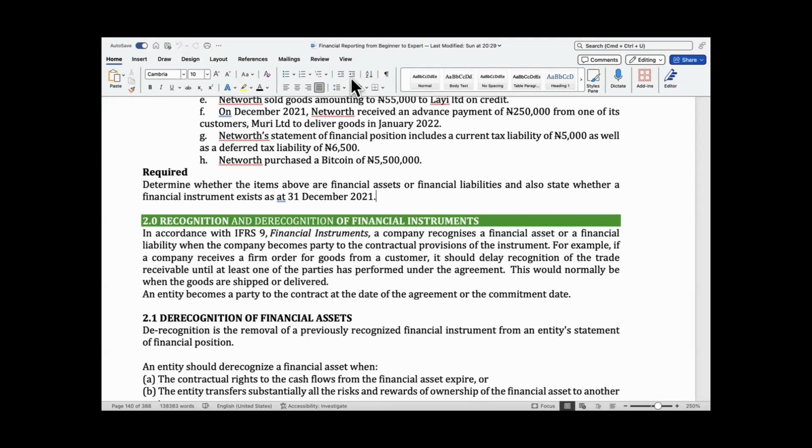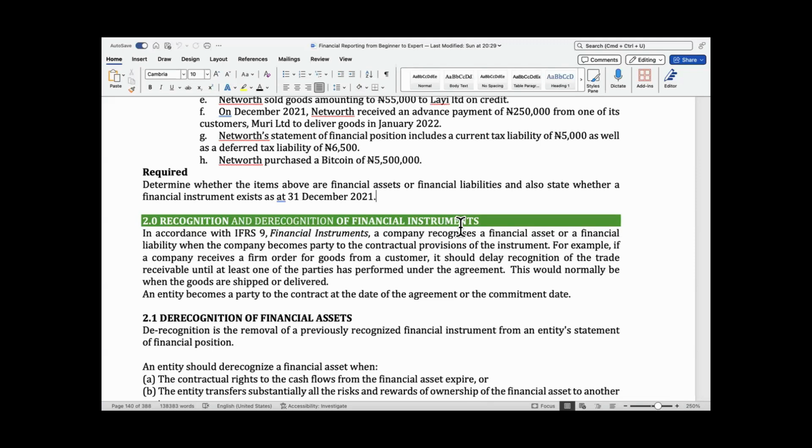So for recognition of financial instruments, we mentioned that an entity would recognize financial instruments when the entity becomes a party to the contract. When an entity becomes a party to a contract, then it can recognize that instrument in its books.